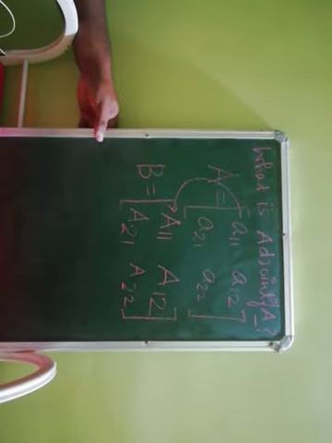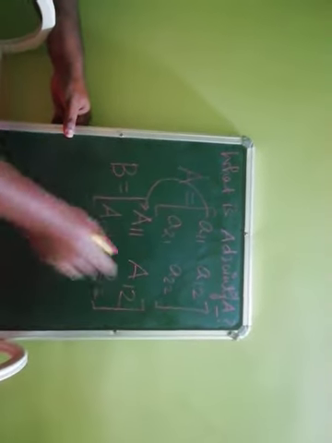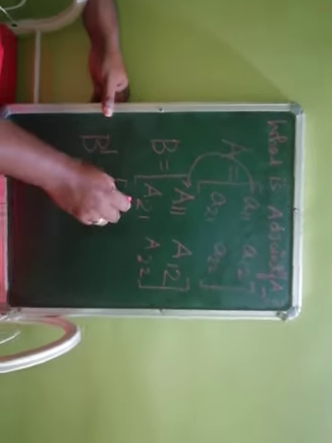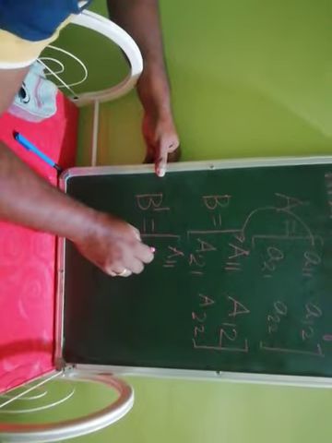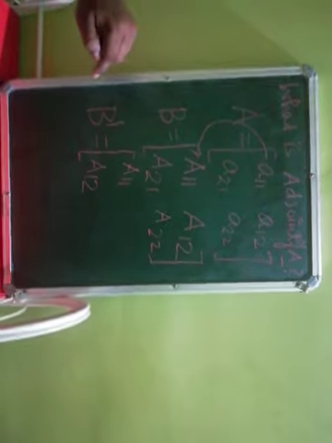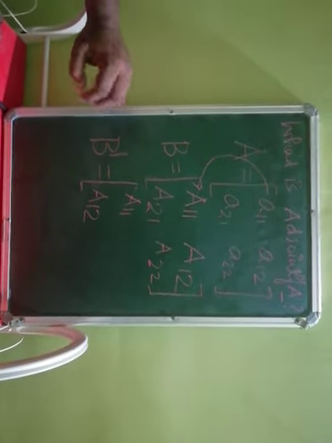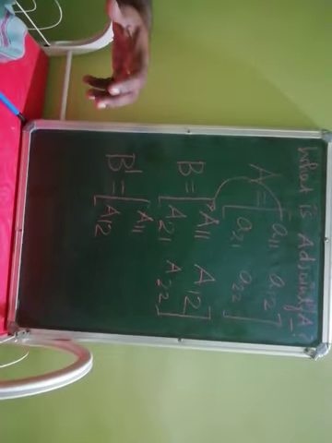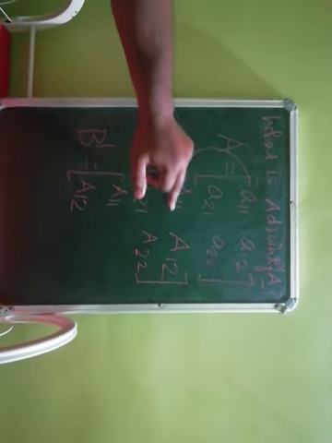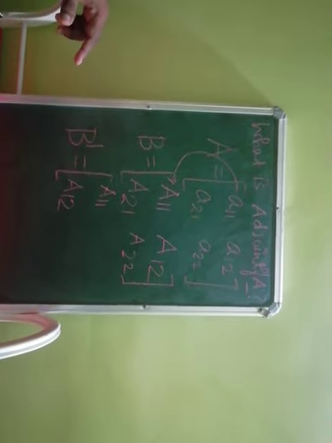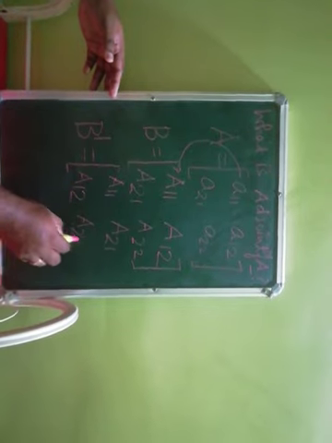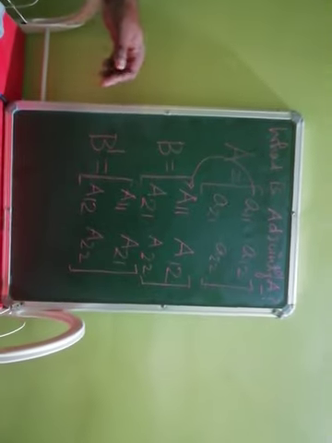Now if we write the transpose of B, that is B transpose, this will be A11, A12. You can recall, transpose of a matrix is the matrix obtained by interchanging the rows and columns. So here the first row is A11, A12; this becomes the first column. The second row is A21, A22; this becomes the second column.